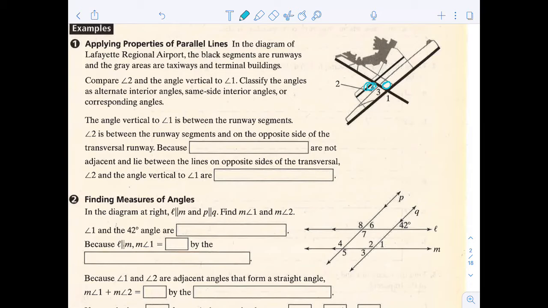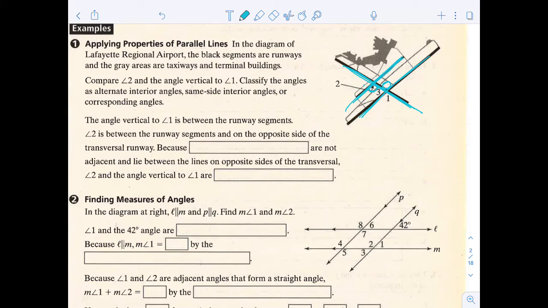The angle vertical to angle 1 is between runway segments. Angle 2 is between runway segments on the opposite side of the transversal. So angle 2 is right here. They're both inside these two lines, but they're on opposite sides of this center line.